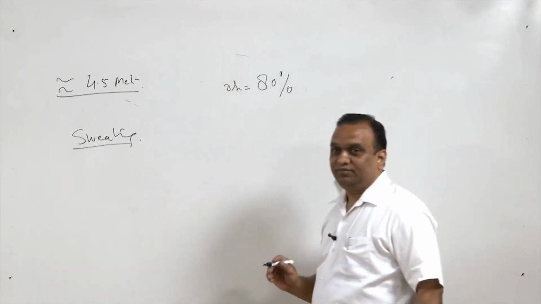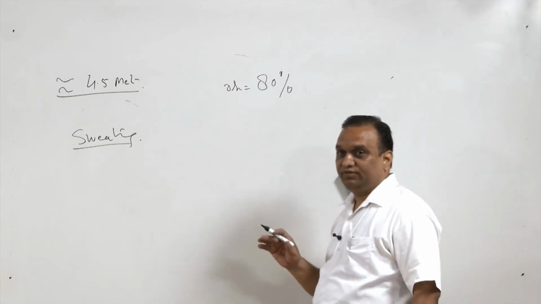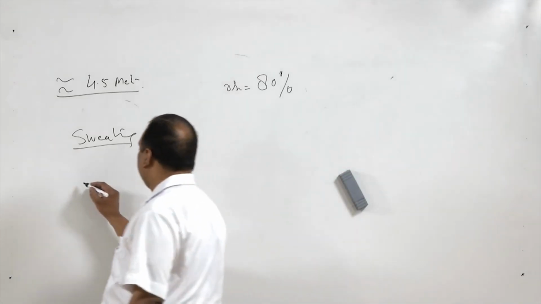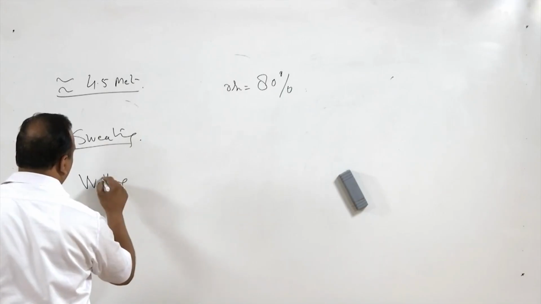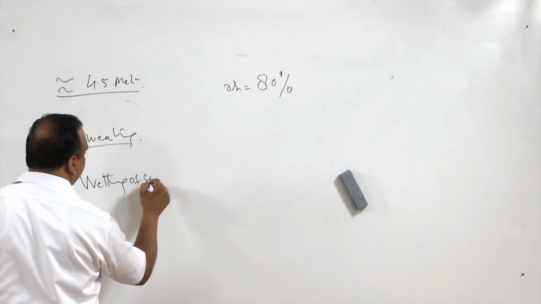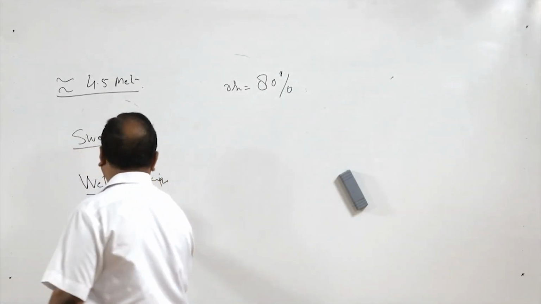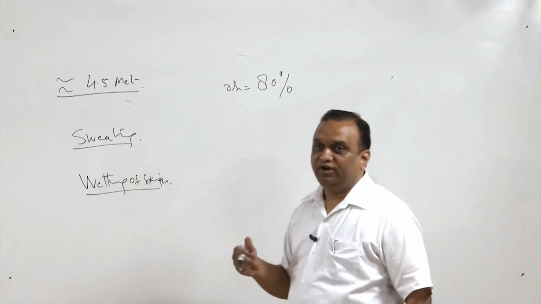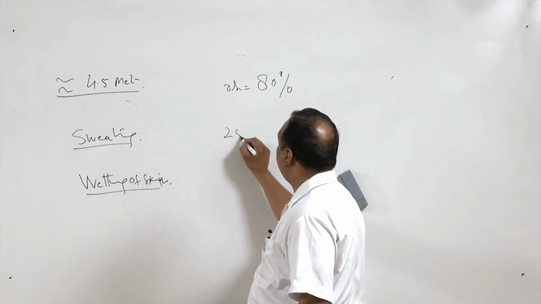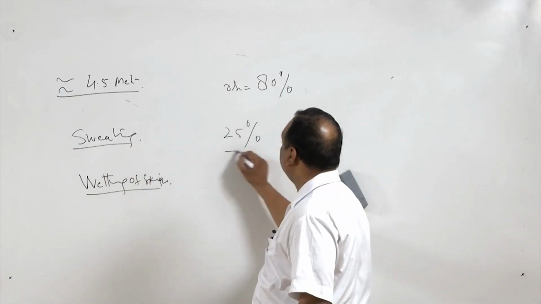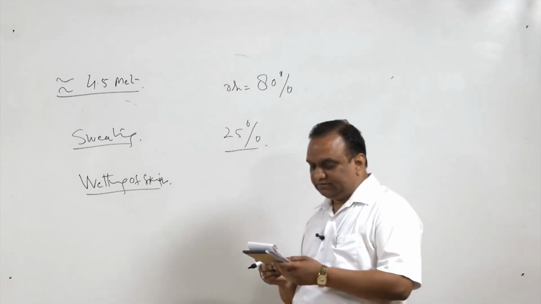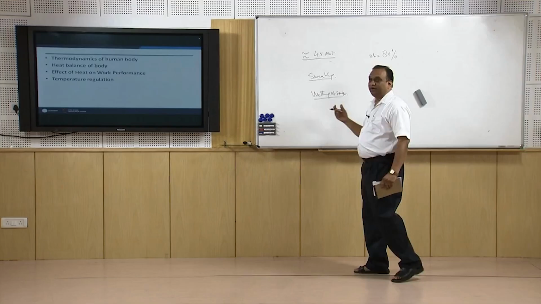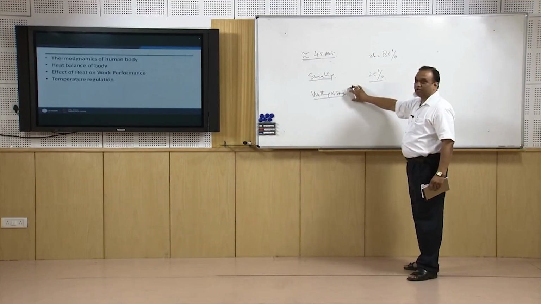In that case, wetting of skin takes place, and you start feeling comfortable when more than 25% of the skin is wet, right? Then normally what happens, people take a bath, because this is also accompanied with salt.